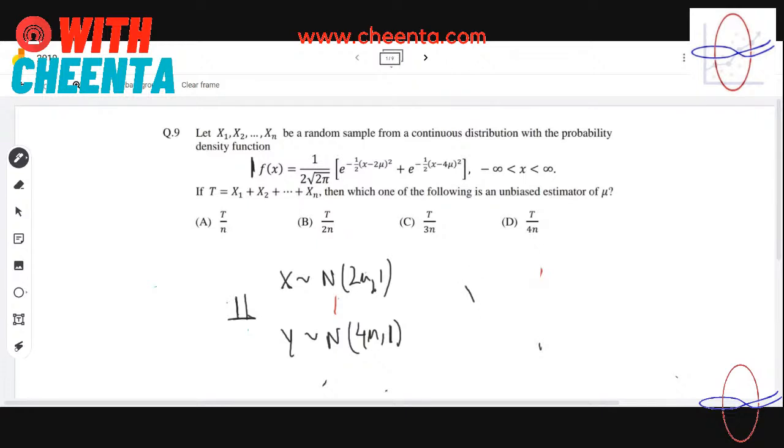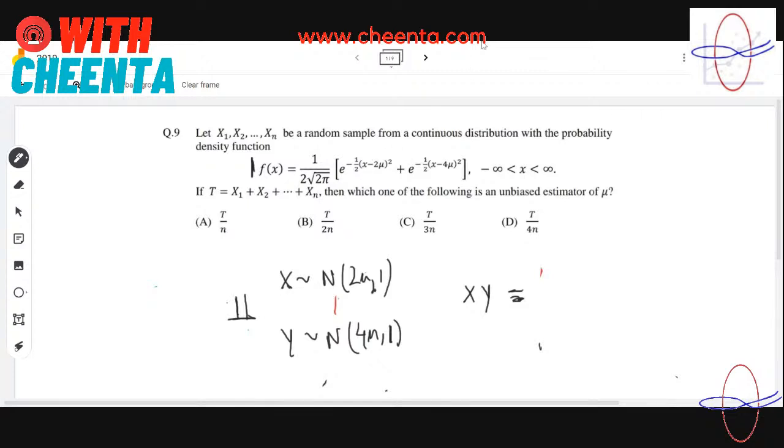Okay, so what is the density of x and y? Will the density look like this? Because in that case it will be root over 2 mu whole square, right?